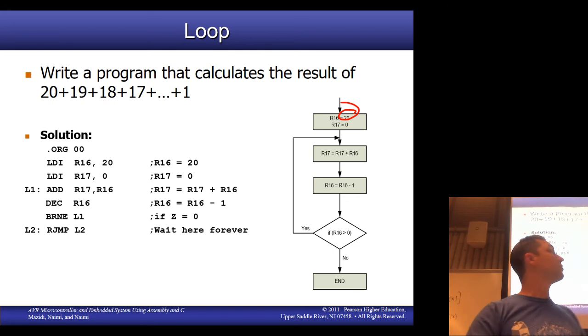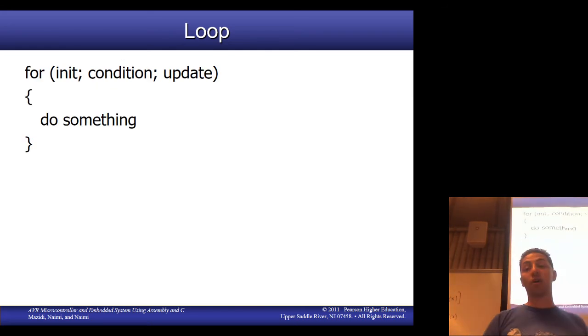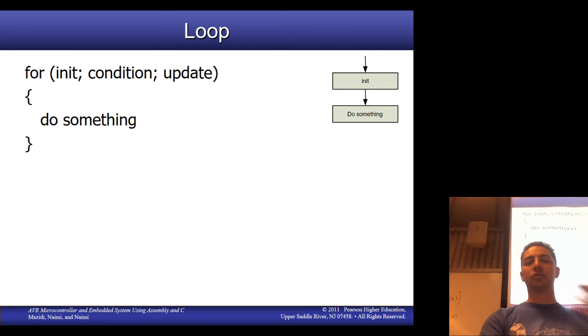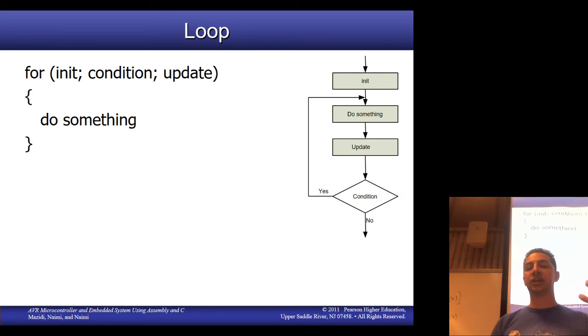Now, all of these loops have been based around the idea of a for loop, loosely. There's a few things that are different. A for loop in C has an initializer, a condition, an update, and a body where you do something. And so does this flowchart. Initializer, do something, update, condition, and then back.